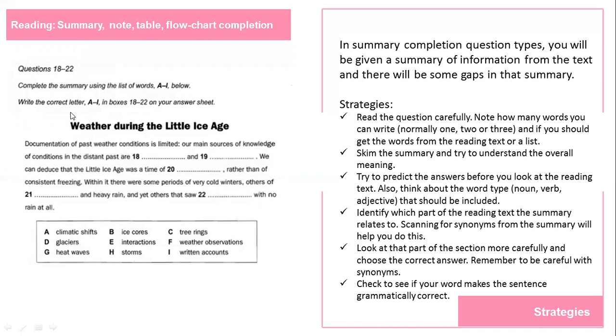So you will be given a passage or a text, and then you will also be given the summary of the text, the summary of the passage with some missing phrases, with some missing words. So you need to fill in the gap with the exact words you find in the text, in the passage. So the strategies are mostly the same.